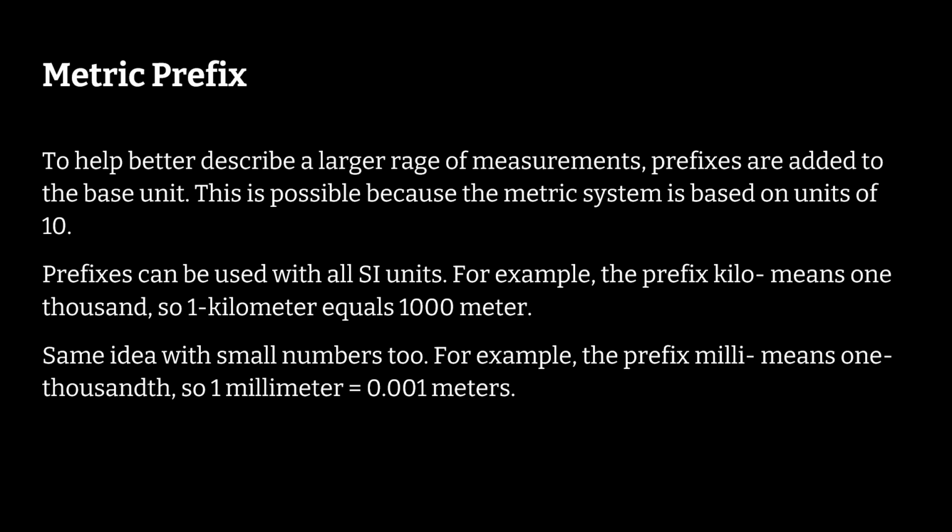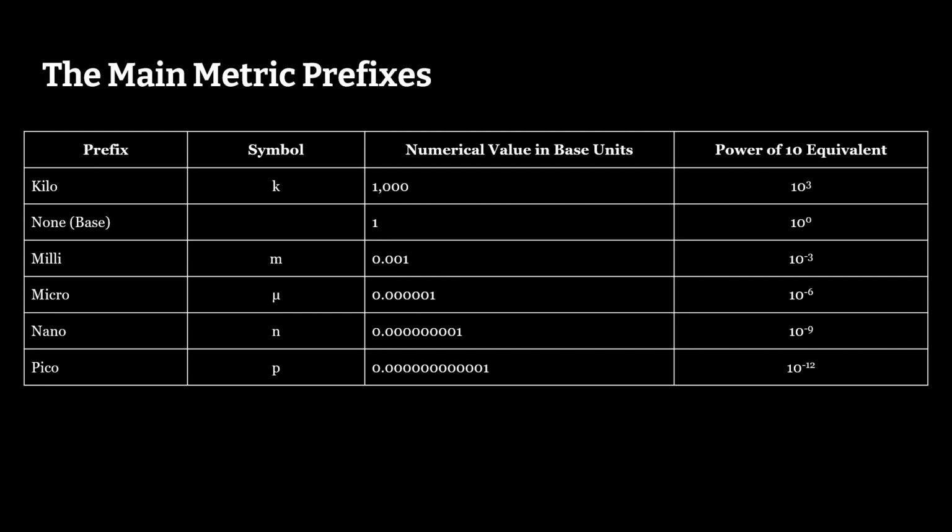Now, what is nice with the metric system is that it's all based off of 10. So whenever we go up a step, it is going to be through a power of 10. And so this allows us to have a really nice, neat whole number. Looking at just some of the different prefixes, we have our kilo, milli, micro, nano, and pico.